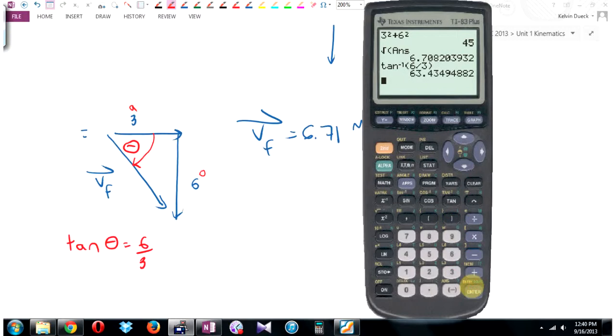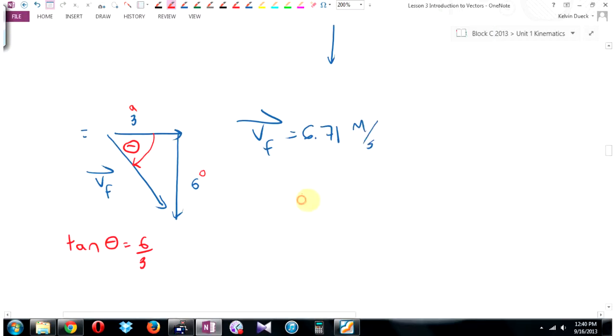And I get 63.4 degrees. What of what? North of south, east of west, what of what? South of east. South of east. South of east.